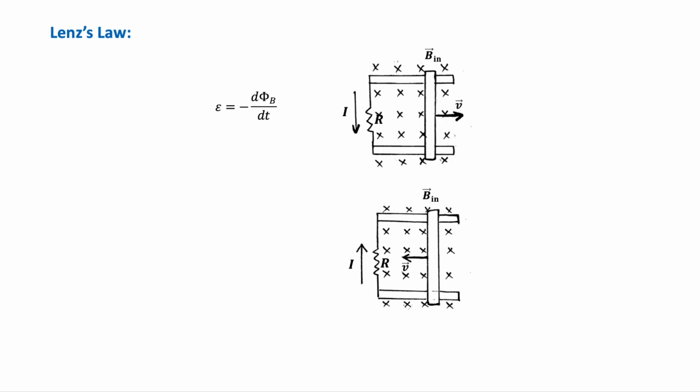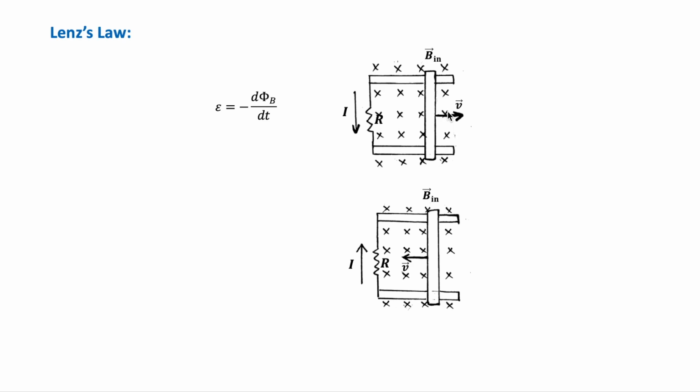And also from an energy consideration, if, for example, in this case where the bar is moving to the right, we assume that the induced current is clockwise, then the direction of the magnetic force, ILB, on the bar will be to the right. And this will accelerate the bar to the right, increasing its speed, which in turn will cause the area of the loop to increase more rapidly.